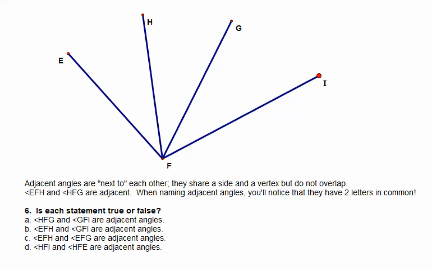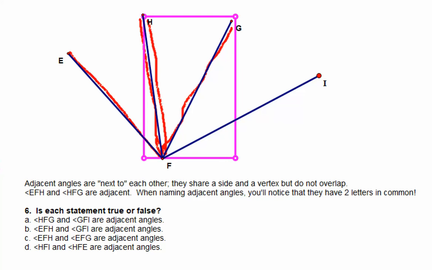Angle EFH and angle HFG are adjacent. Let's trace those out so you can see. I just use my pen tool to trace over the angle EFH. Now I'm going to do that with angle HFG.